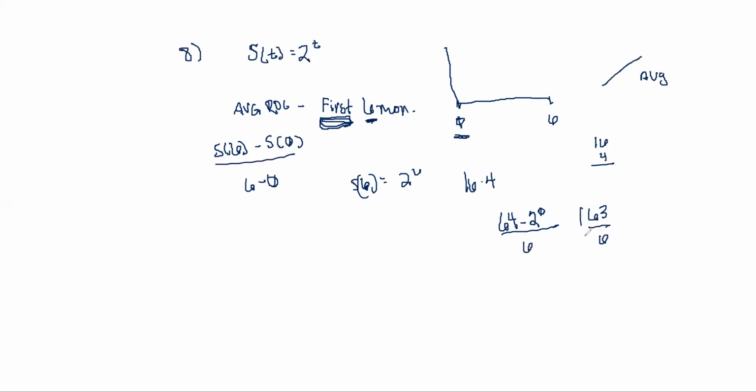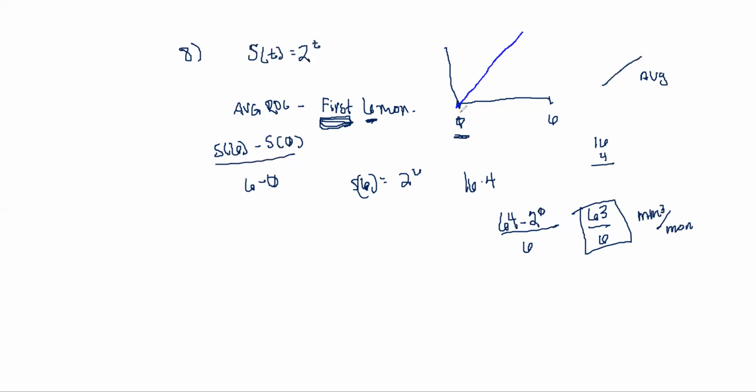What does that mean? We talked about the units already, and so this is the rate of change, and it's going to be in units of cubic millimeters per month. What does this look like on this graph up here that I sketched out? Well, it's a positive slope, and we know it's a line because it's an average rate of change.